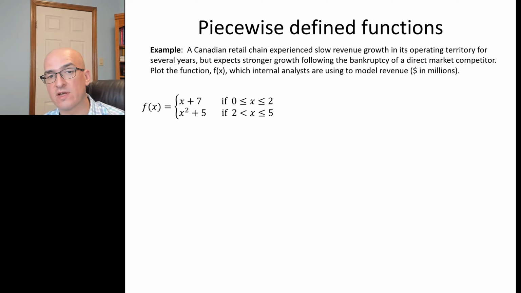So this graph might have described the situation of Canadian Tire a few years ago when Target left Canada and its sales prospects improved because they were no longer competing with someone in the same market segment. Anyway, this is far too simplified a model to explain that, but it captures the main idea of a function that is describing something in reality that behaved differently at some time than in some other time.